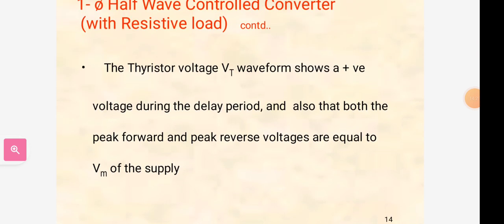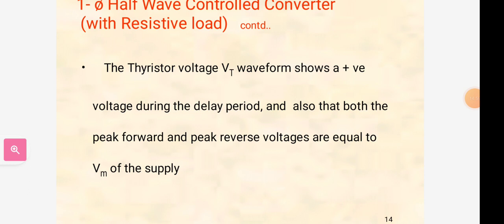Here, at the instant of the firing angle alpha, the load voltage V naught rises from 0 to Vm sin alpha. When the input voltage starts to go negative at omega t equal to pi, the thyristor anode is negative with respect to its cathode, so the thyristor T is said to be reverse biased.